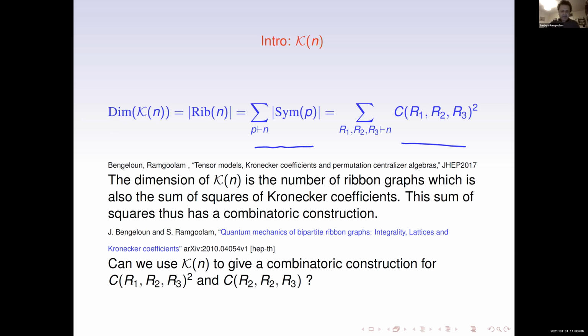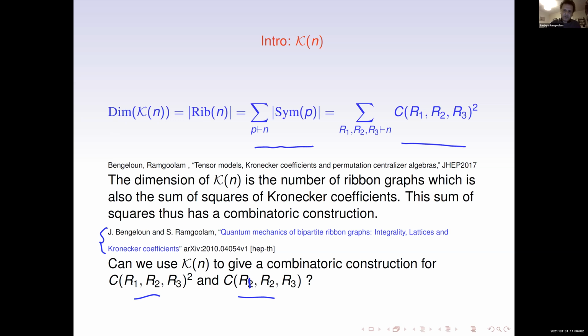So in this recent work, we asked ourselves, if we know that this sum of squares is equal to the number of ribbon graphs, what about a particular square of Kronecker coefficients? Is it the case that C square can somehow be obtained from the space of ribbon graphs? And indeed, can we get C itself?